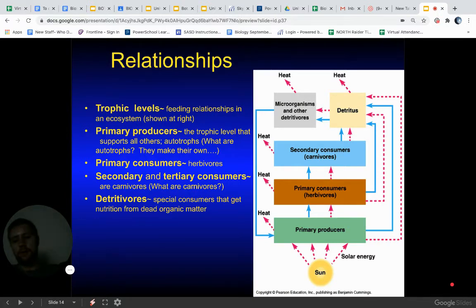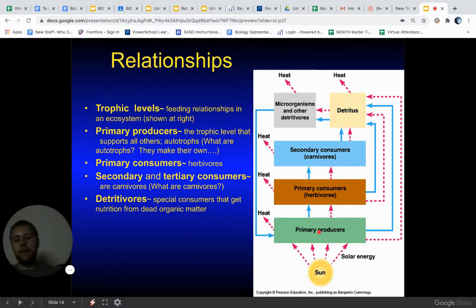So we say that all energy comes from the sun, but it all starts at the bottom of our energy pyramid, as we're going to see later, with our primary producers. The primary producers, which can just be said in short as producers because there are not multiple layers of producers, are the first beings to receive the energy.